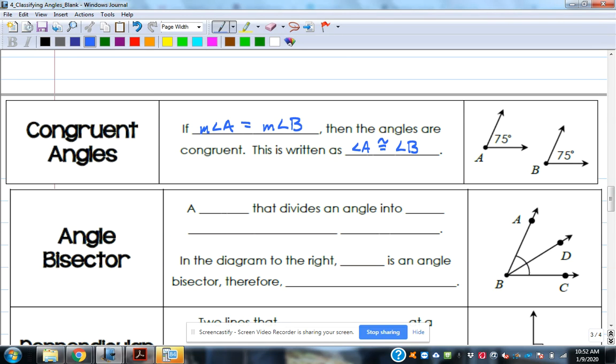Okay? I put an equal sign on the measurement line. On the object line, the last one, that's talking about objects, so I use a congruent symbol. Okay, when I talk about measurements, I use an equal sign. When I talk about objects, I want to use a congruence symbol. Okay, so that's a notation thing.